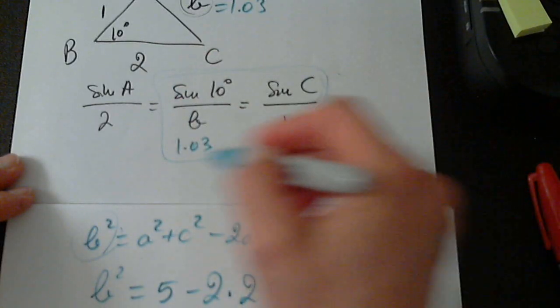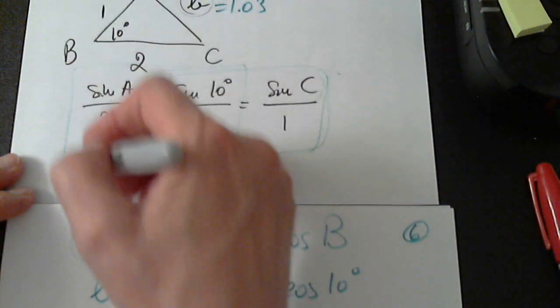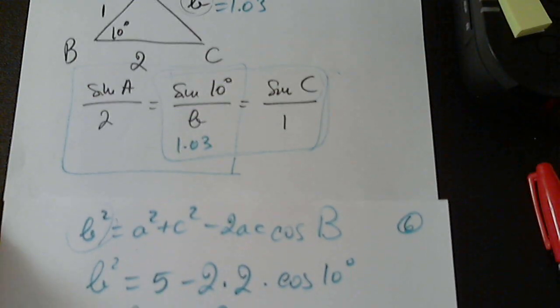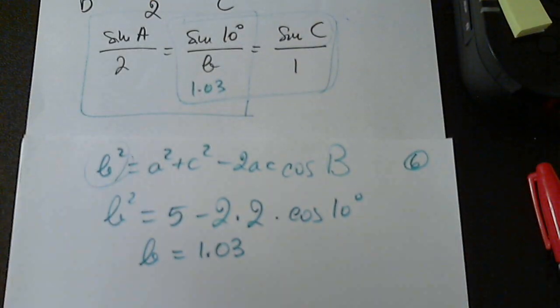So one option is this, the other option is this. Which one will you apply? Which one would you like to determine, angle A or angle C at this point?